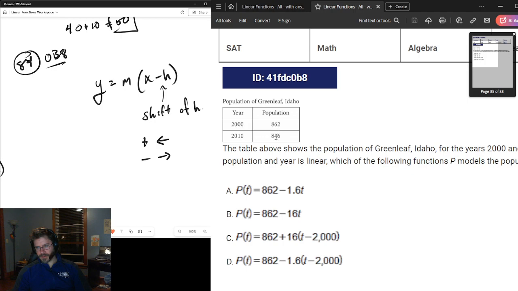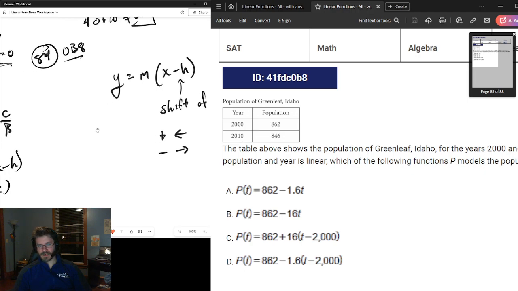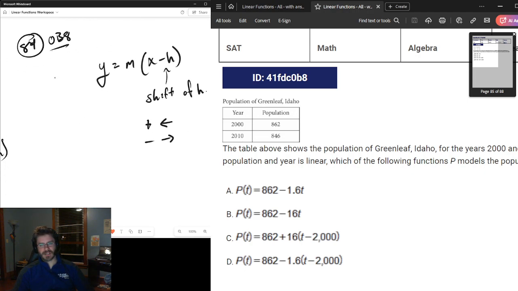The rate of growth here is going to determine whether it's 16 or 1.6. So the slope, of course, is change in y divided by change in x. So change in y, it went down, what is that, 14? No, 16.